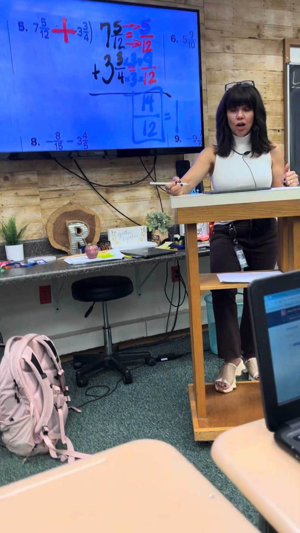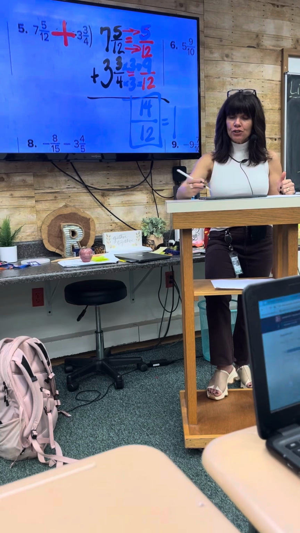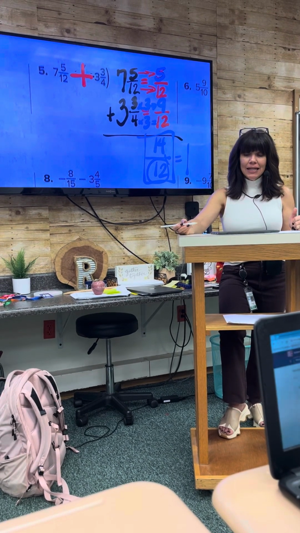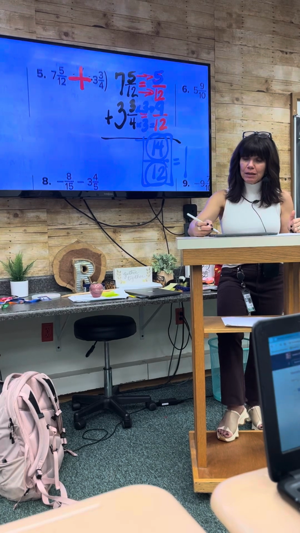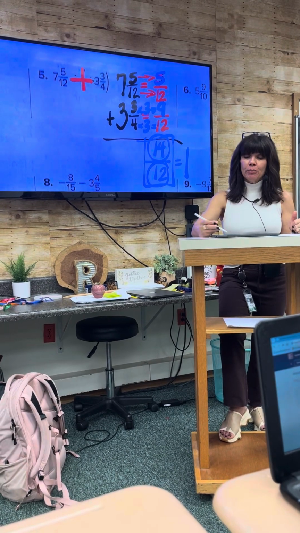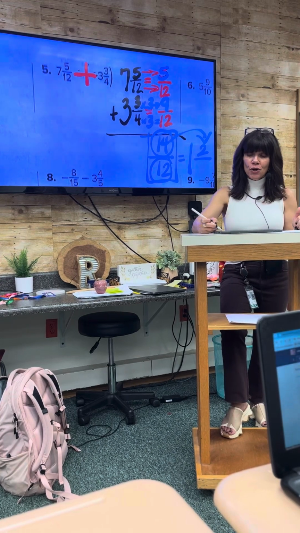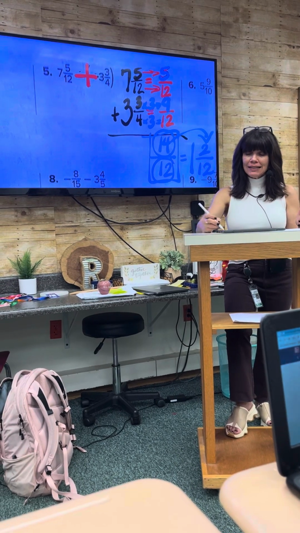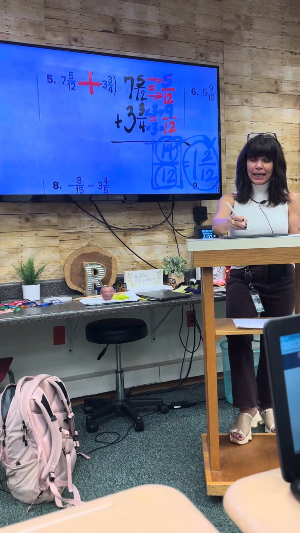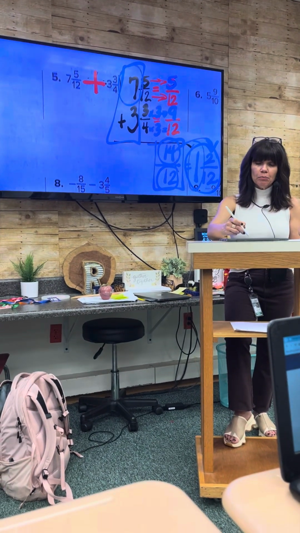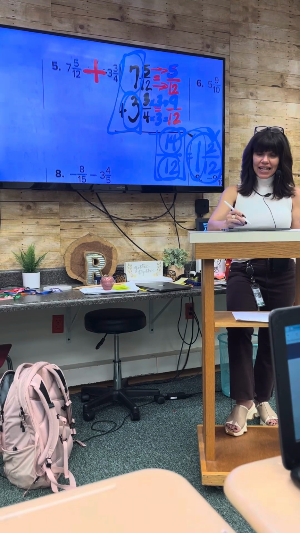2 twelfths. Okay, great. Guys, did you hear how she said if there are 12 pieces in each whole pie, then 12 pieces out of 14 make one whole pie, but how many more pieces are left over? 2. And what size were they? 12ths. Let's take 1 and 2/12ths, add it to 7 and 3. What is 1 plus 7 plus 3? Say it. 11.